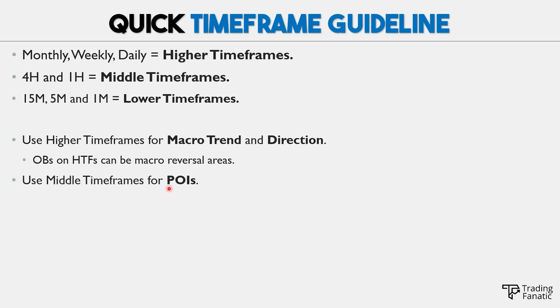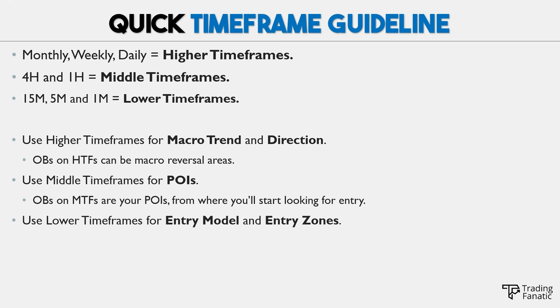So you see, I'm giving you a strategy here. High time frames to determine your overall trend. Middle time frames to actually wait and see if those two time frames are going to start aligning with the high time frames and start giving you POIs to enter on that overall trend. So order blocks on the middle time frames are going to be your POIs from where you're going to start looking for an entry. And then guess what? You already know it.